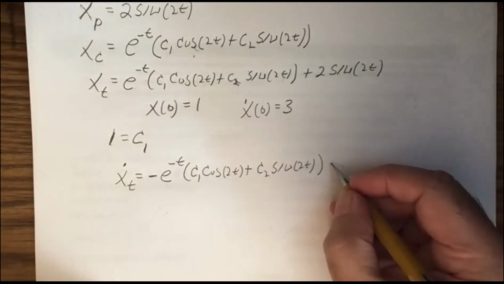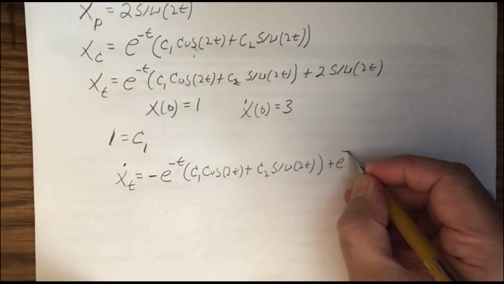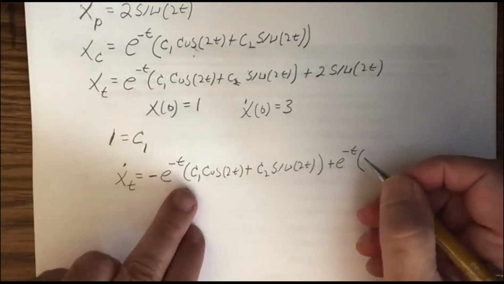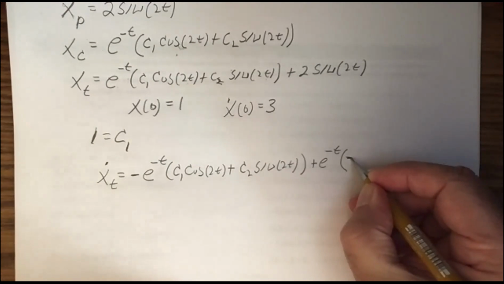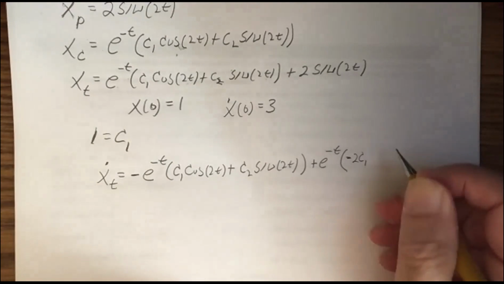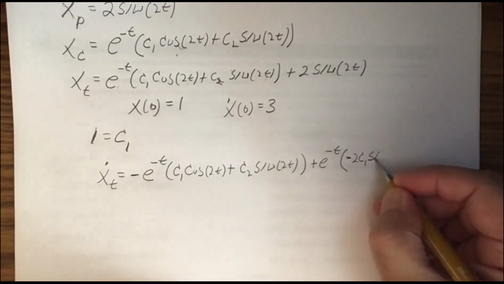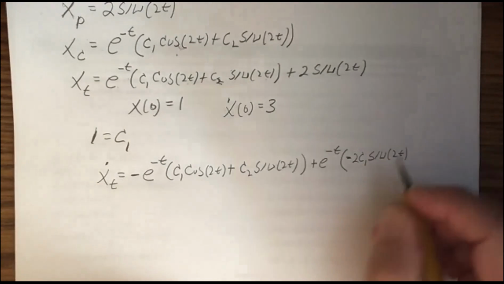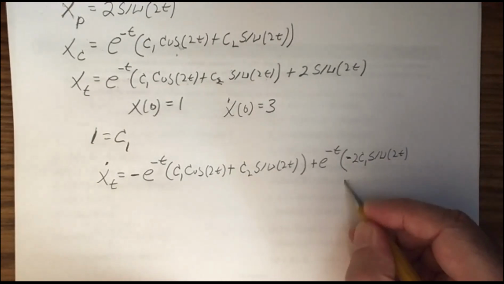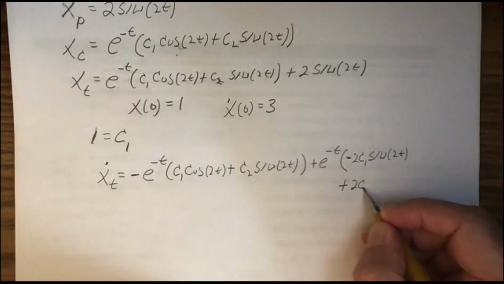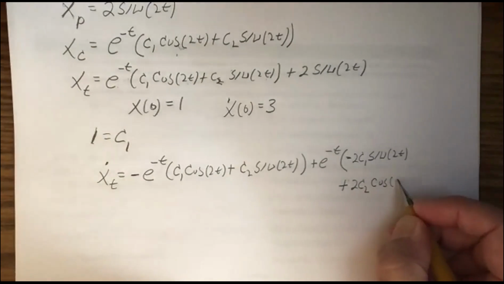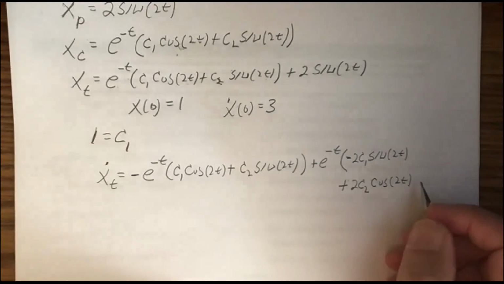Then I got a plus e to the minus t. Now I'm going to take the derivative of this. So this is going to be minus 2c1 sine of 2t, plus 2c2 cosine of 2t, and the exponential times everything here.